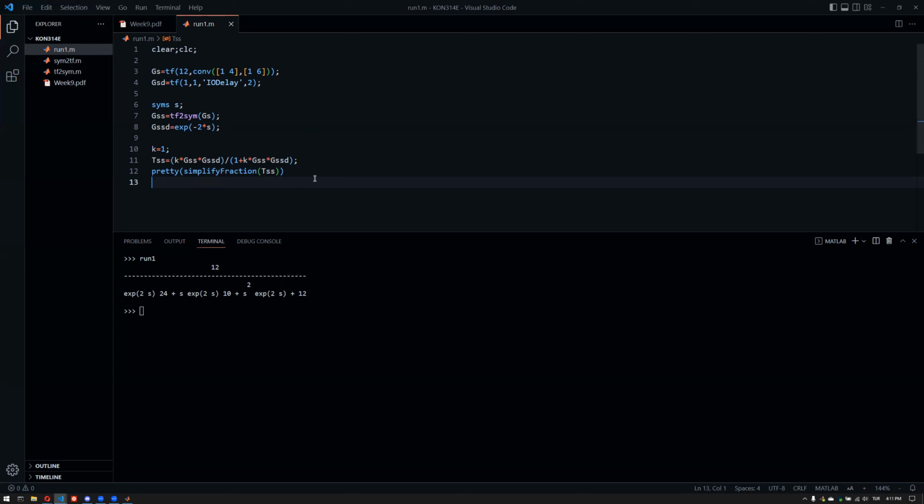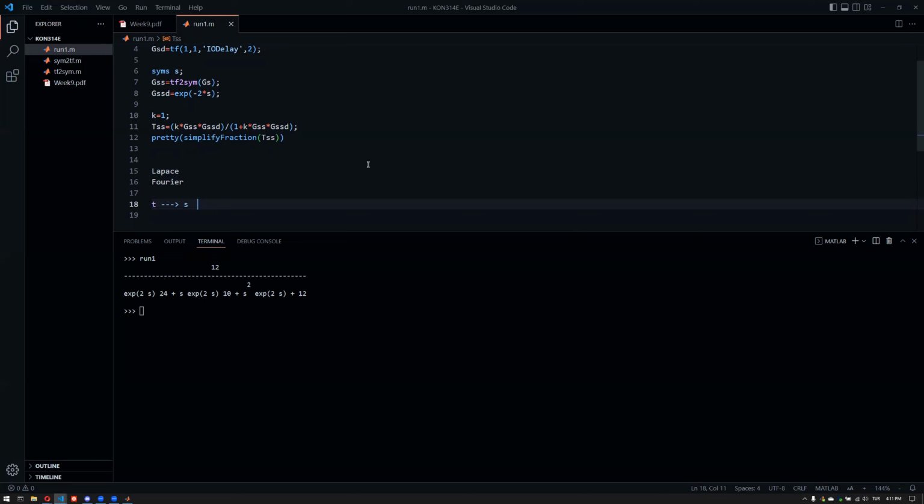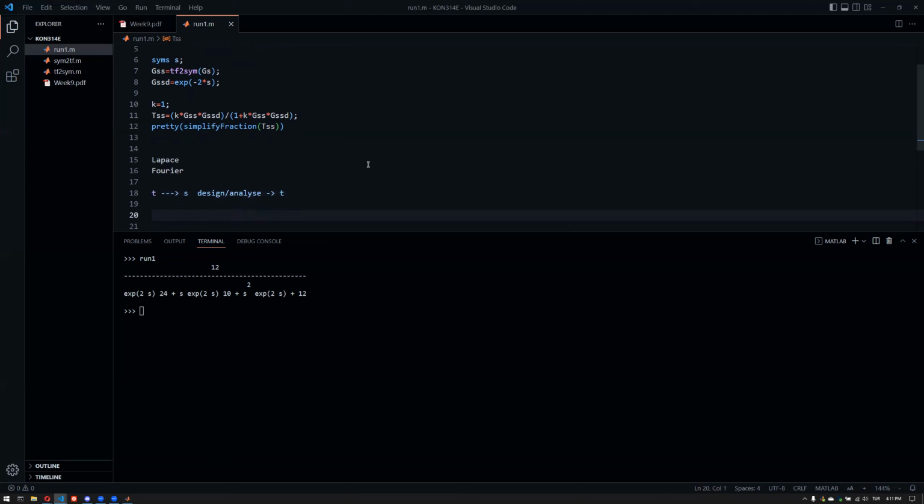The best we can do at the moment is to try to use an approximation instead of the actual transfer function. So what we will do is we will kind of take the Laplace or Fourier domain transform route here. So this part is important, Fourier. When you use these two methods, which are basically almost the same, you start with the time domain, you go to the S domain, you do some stuff, design, analyze, and then you return to the time domain, and you have basically accomplished something that was not possible directly from time domain to time domain.